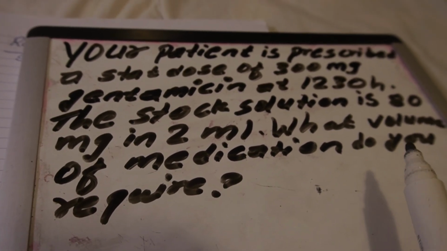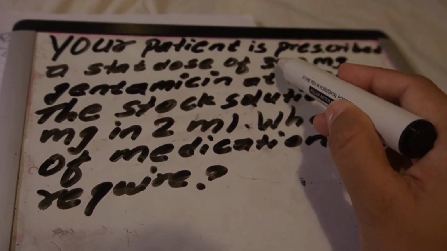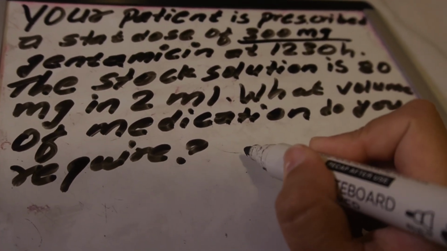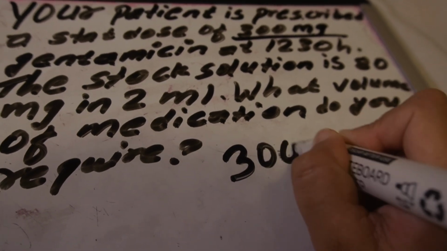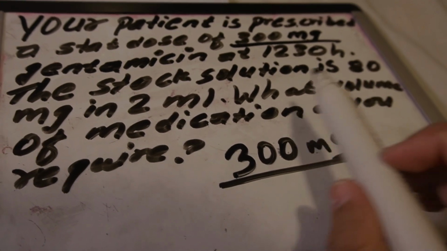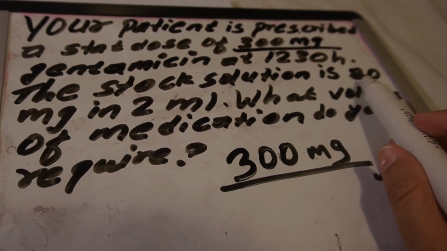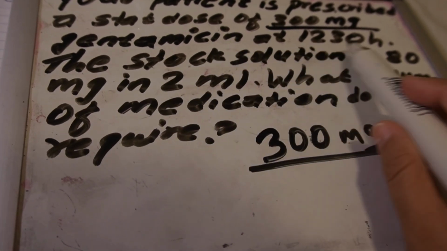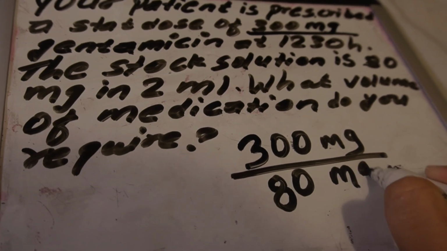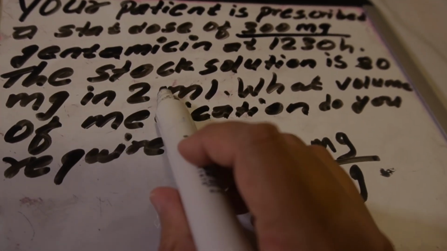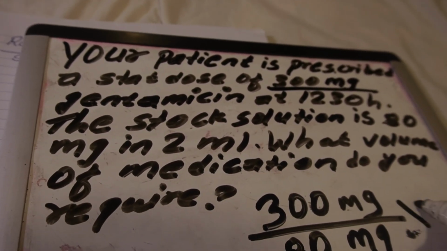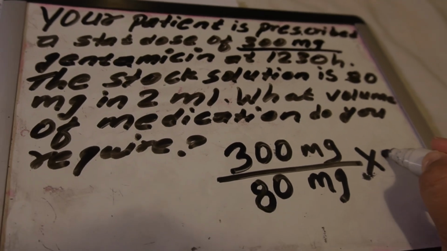The doctor prescribed 300 mg, so our required dose is 300 mg. Now we are looking for the stock dose. The stock solution is 80 mg, so we write 80 mg, and it says the volume is 2 ml, so we multiply and put 2 over here.